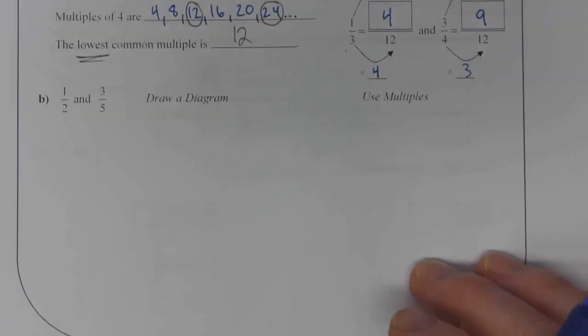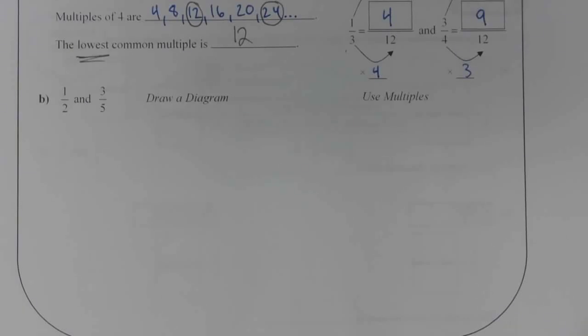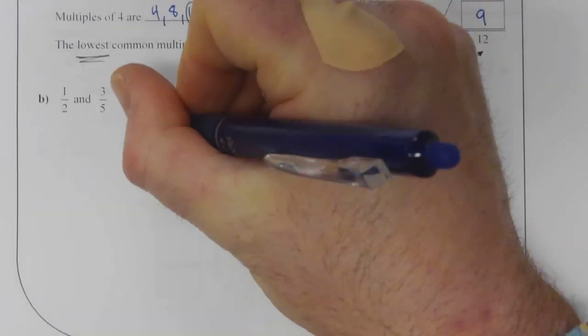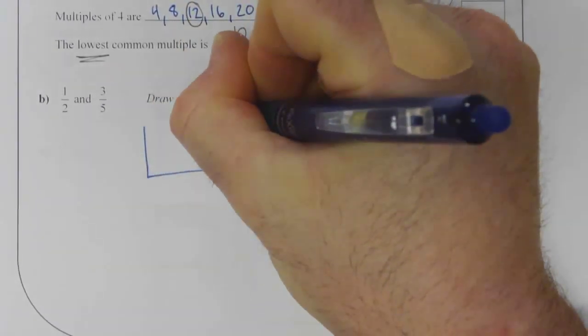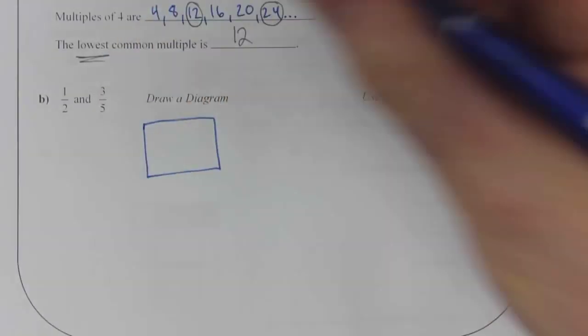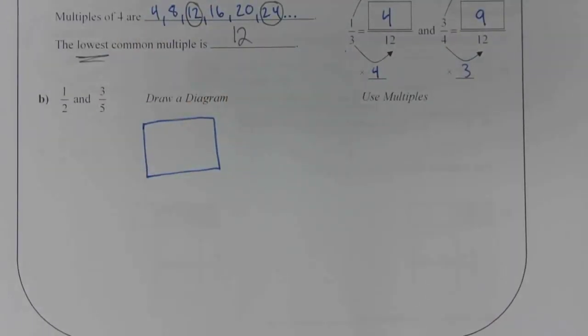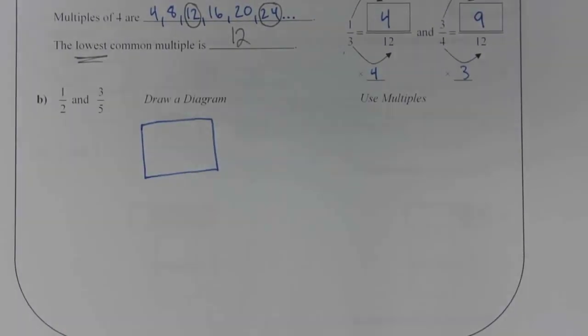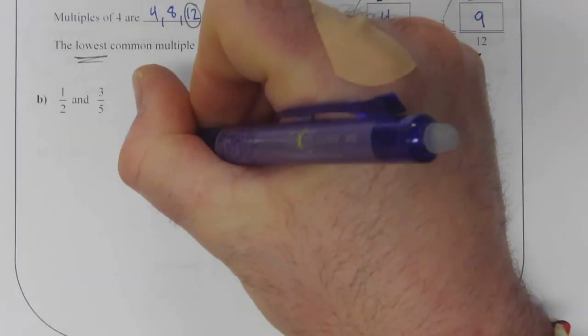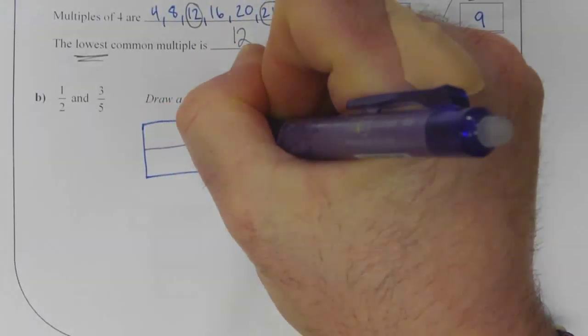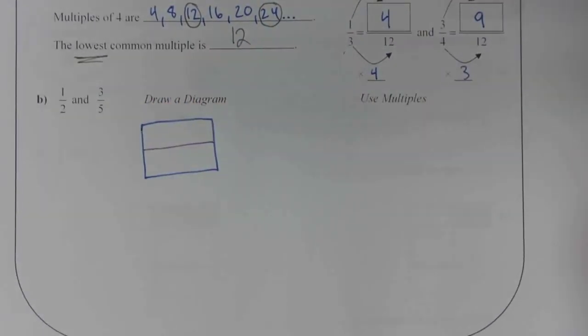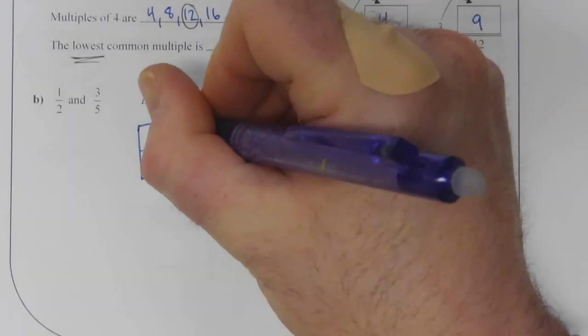Alright, so part B, 1/2 and 3/5. We can draw a diagram again. Based on the denominators 2 and 5, that means I have to divide the rectangle in 2 one way, and then 5 pieces the other way.